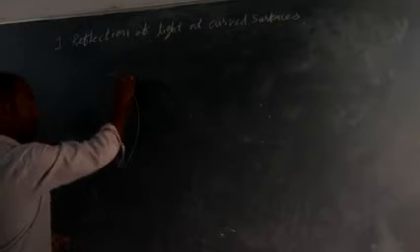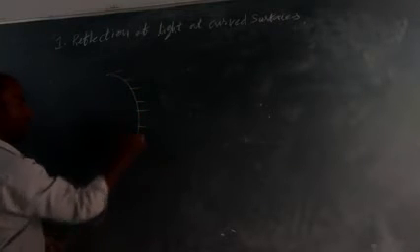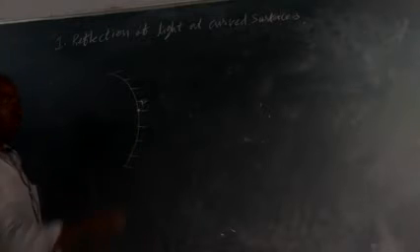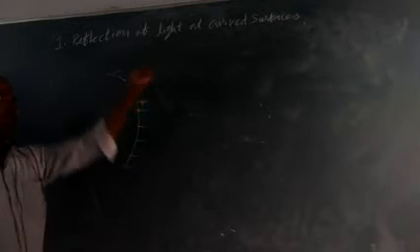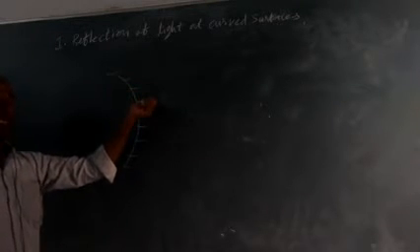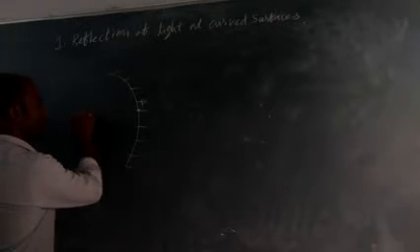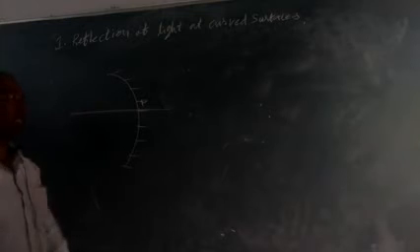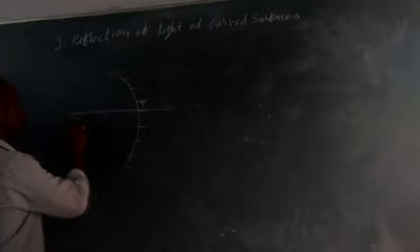Already I have said all the terms which will be explained here. When you take the concave mirror, the midpoint of the mirror is called pole, with the letter P. The imaginary line passing through this midpoint is called principal axis.